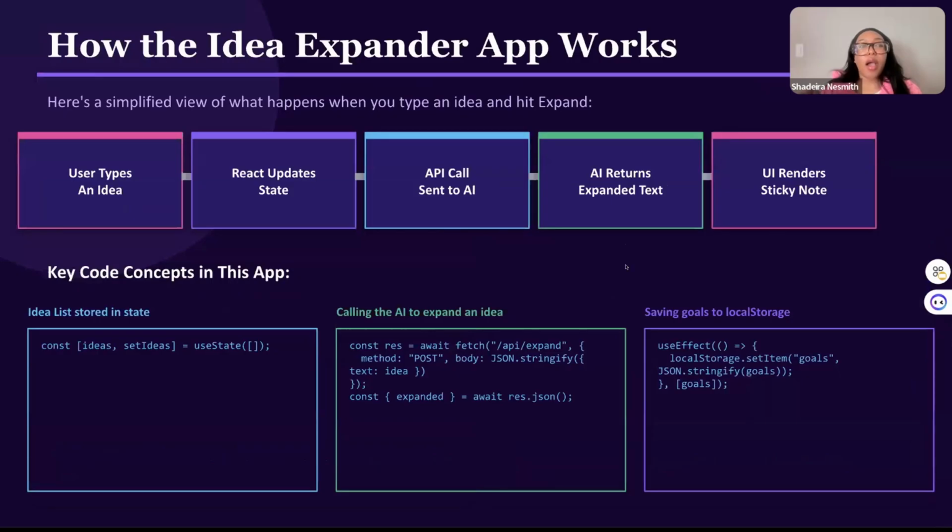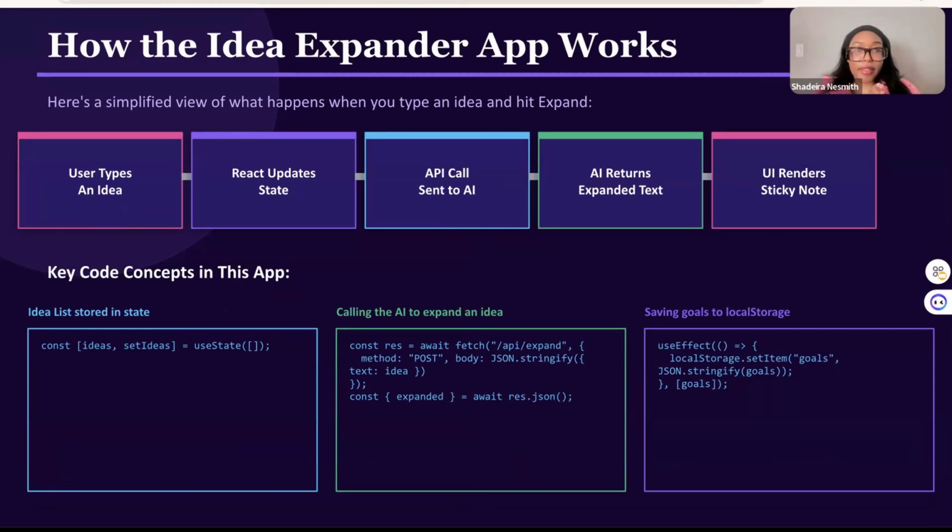Okay. Then we talked about how the idea expander app works. As you can see here, the user types an idea, and React updates the state of it. Then the API call is sent to the AI. The AI then returns an expanded text, and then the UI renders a sticky note. We saw that step by step.